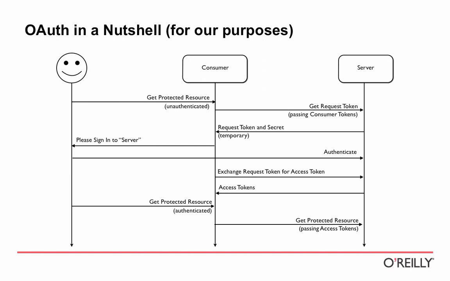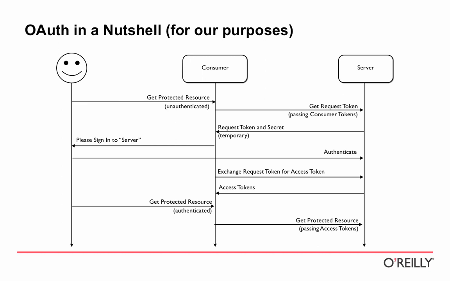So the first thing the user says in this conversation that OAuth lays out is to the consumer application, the third-party application like OTweet, hey, I'd like to load this resource from the server that happens to be protected. And at this point, the user is unauthenticated. They haven't signed in. They haven't logged in at all.